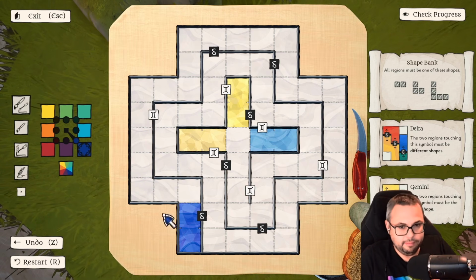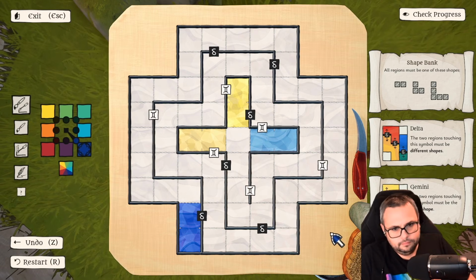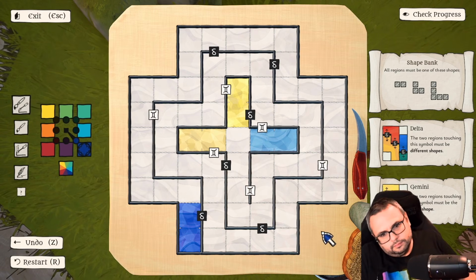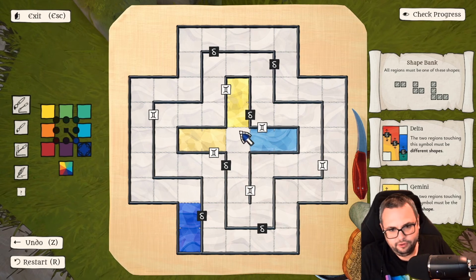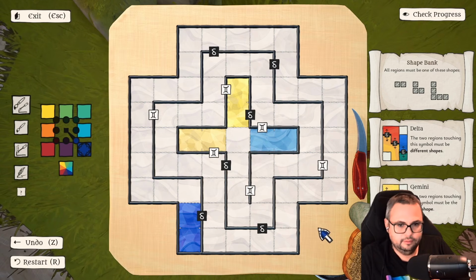Got lots of domino or V tiles in here. Yeah, I could have 2 dominoes and a V that jutted out like this.